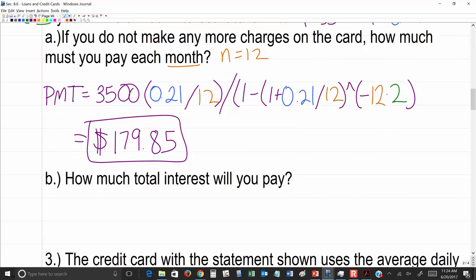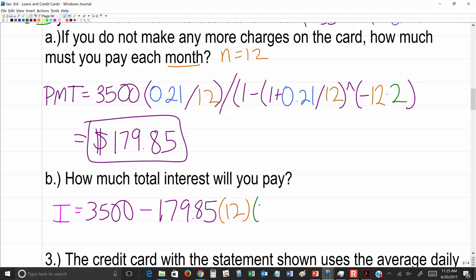So how much interest? That would be 179.85 times 12 times 2, minus 3,500.